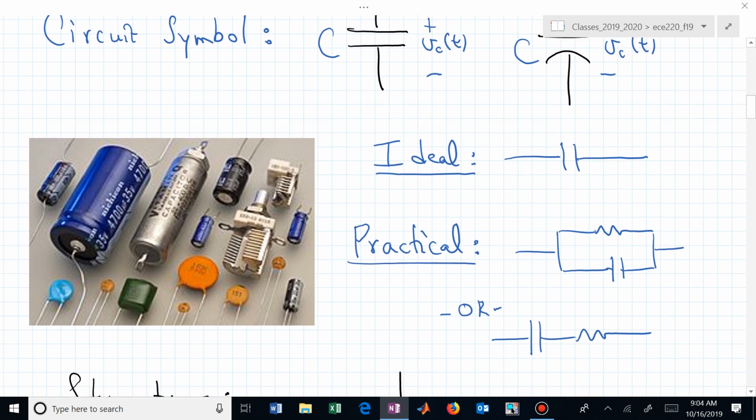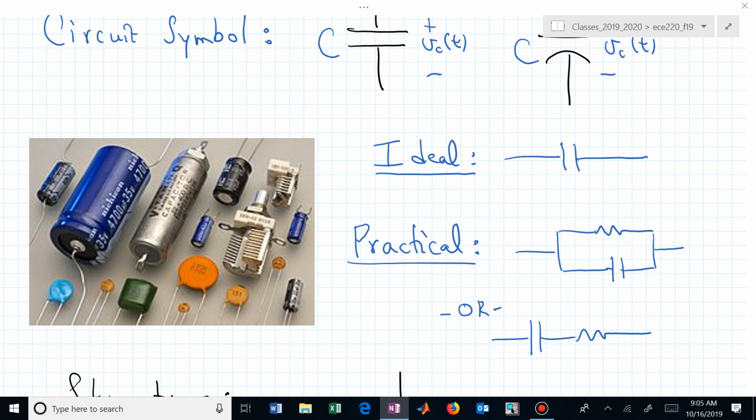Practically, as with inductors, there's some dissipation of energy in a real capacitor. We won't really deal with that here. We'll stick with the ideal. We'll just say if we have a capacitor, that's what we have, and if we have resistors, then we'll put those in where we put them in.